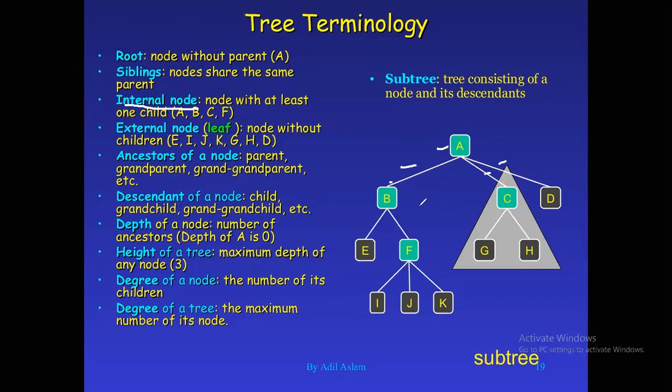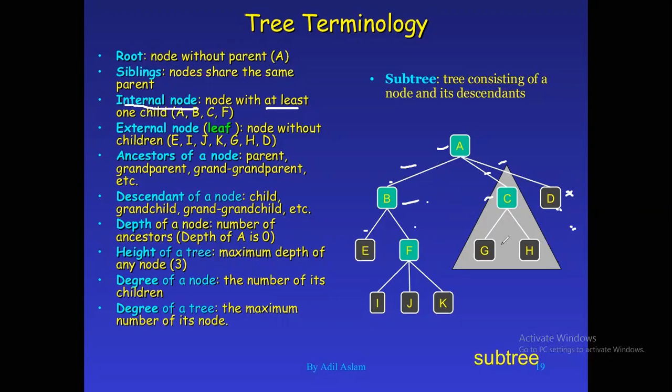A is also the root. Next, when you come to B, it has at least one child. B has two children. Therefore, B is also an internal node. C is also an internal node. Is D an internal node? No. Why? Because it doesn't have any children, not even one child. Therefore, D is not an internal node.